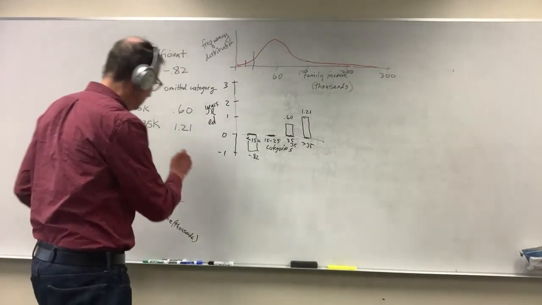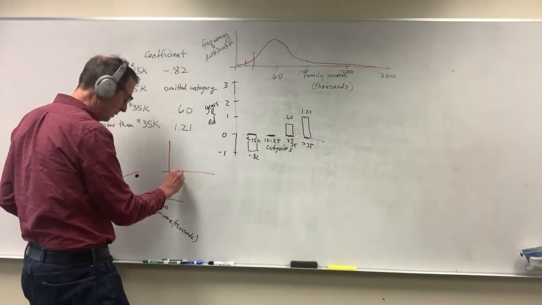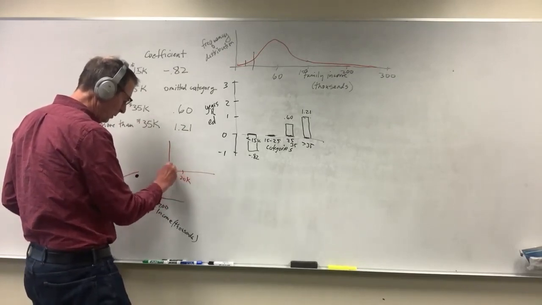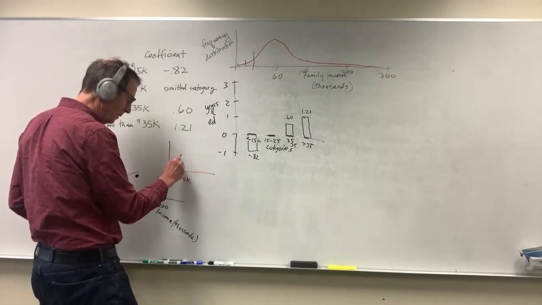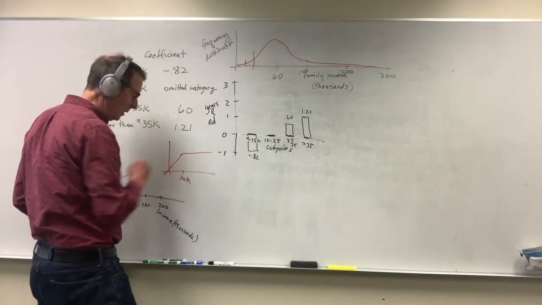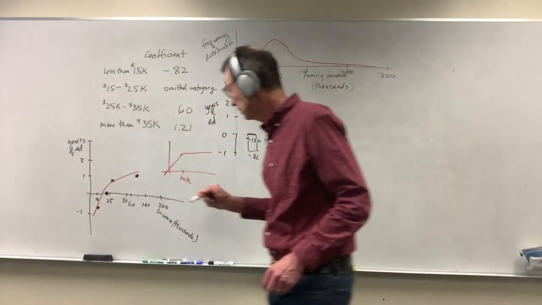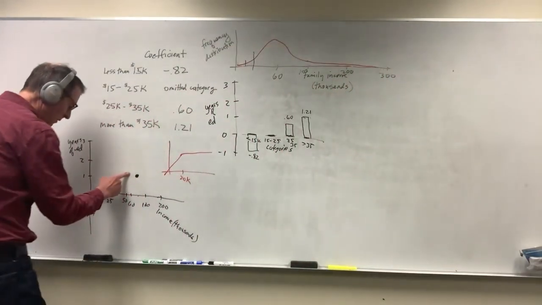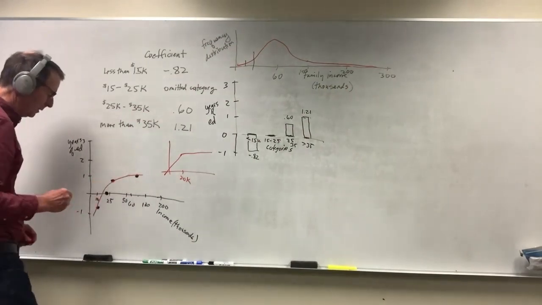And remember, when we talked about the various functional forms, the one that fit pretty well was a spline function, right? That was very steep up to 20,000. And then after that, it was much flatter. So what we have here is a function that looks kind of like that.